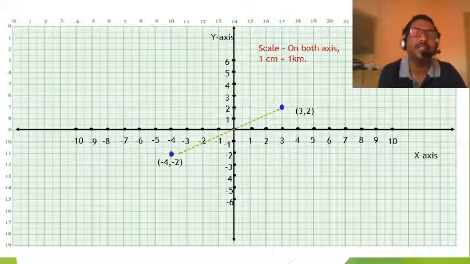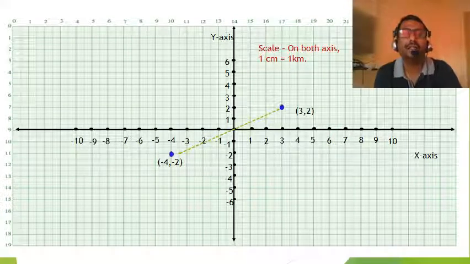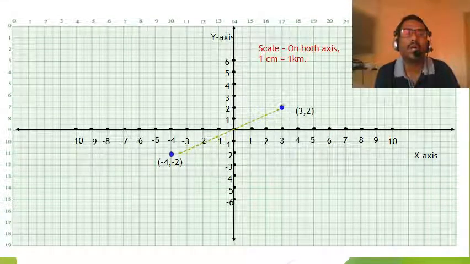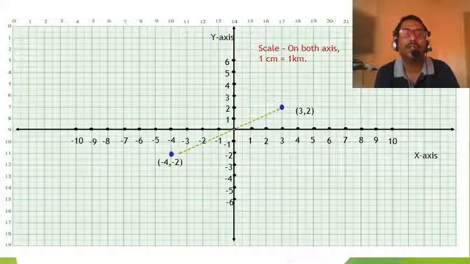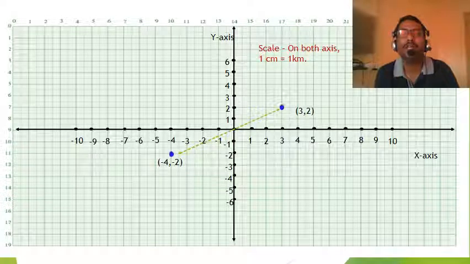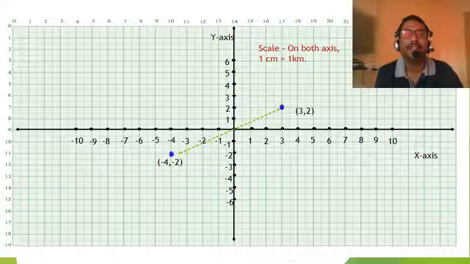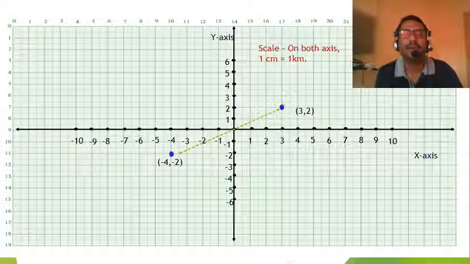Lastly he reached the third quadrant and its coordinates are -4, -2. So till this point we get the answers of 3 sub questions. One is the scale, then where he reached: he finally reached the third quadrant, and the coordinates of his final position are -4, -2.